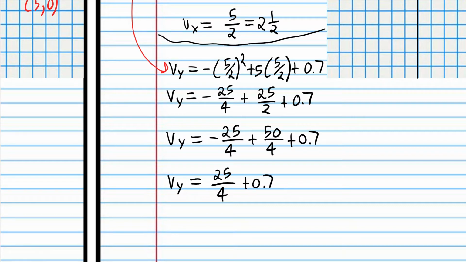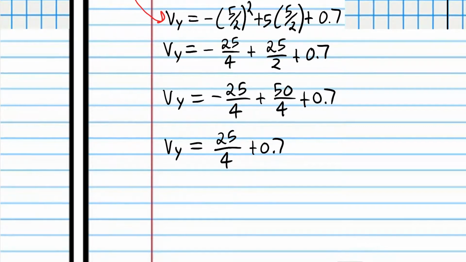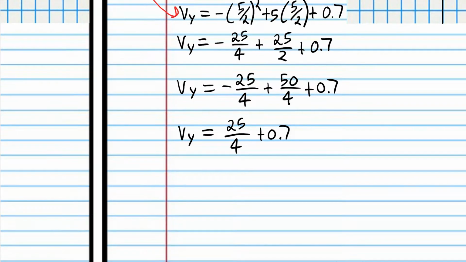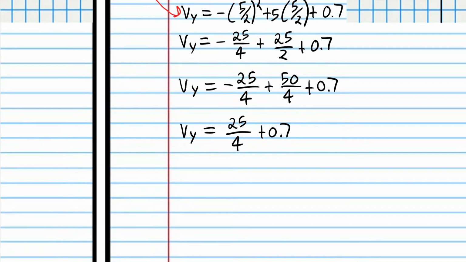Now what do we do at this point? Well, we can change both of these to decimals, or we can change both of them to fractions. You can do any way you want, but I think I'm going to change this to a decimal. So 4 goes into 25 6 times with a remainder of 1.